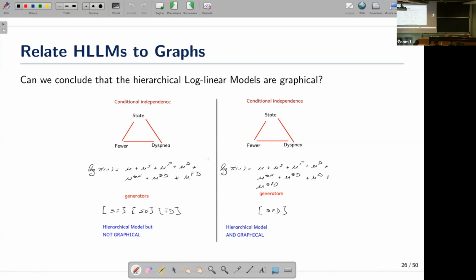So this model is a hierarchical log linear model, but it's not graphical. What does it mean concretely? That you cannot use what the theory of the graph, so Markov properties, gives to you if the model is not graphical.